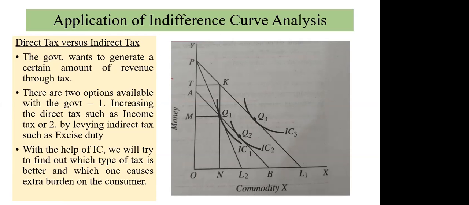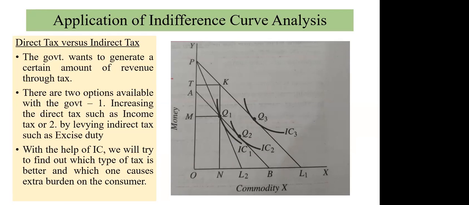Now on this PL2, he will be in equilibrium at point Q1, which is the tangency point between IC1 and PL2.